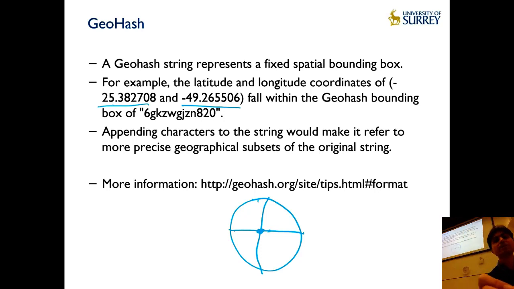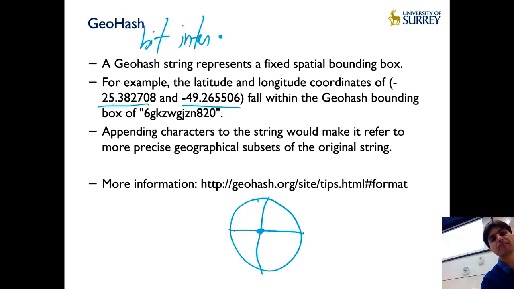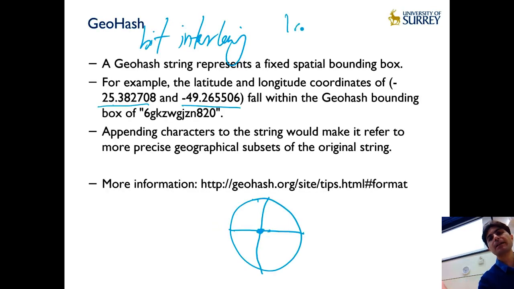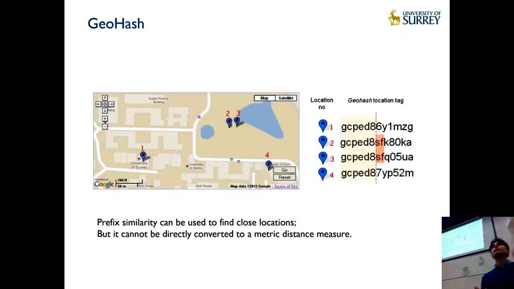Then you take what is called bit interleaving. That means 1 bit of latitude, 1 bit of longitude. Latitude 1, longitude 1. Then the second bit of latitude, the second bit of longitude, and you carry on, 1 bit of each point.